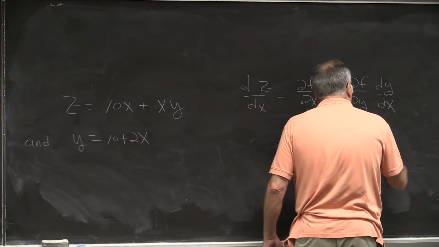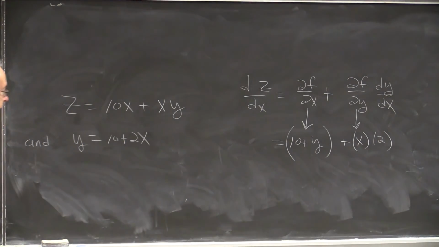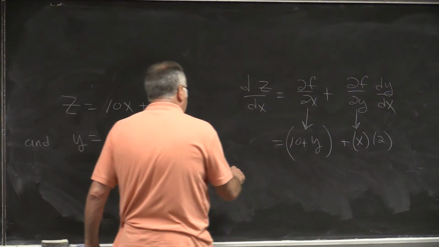So there you go. If you want the derivative of z with respect to x, it's just 10 plus y plus 2x. Now, normally, since you're differentiating z with respect to x, you would go back at this last step and substitute back in for y.